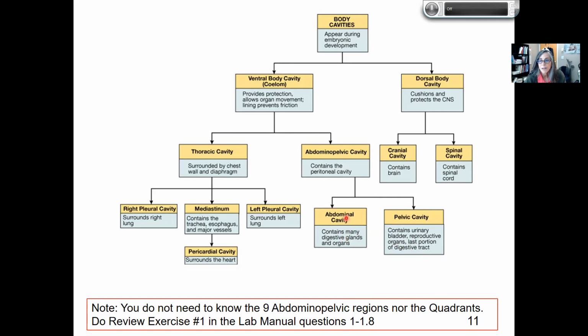So there's actually three: abdominal cavity, pelvic cavity, and peritoneal cavity. Obviously, most of the organs that you know are in the ventral cavity. For example, the abdominal cavity contains digestive glands and organs, such as the stomach, the liver, etc. Your pelvic cavity contains the urinary bladder and the reproductive tract, etc.